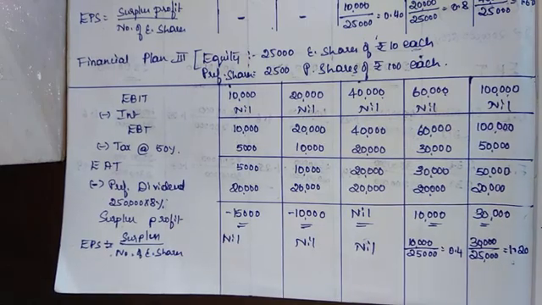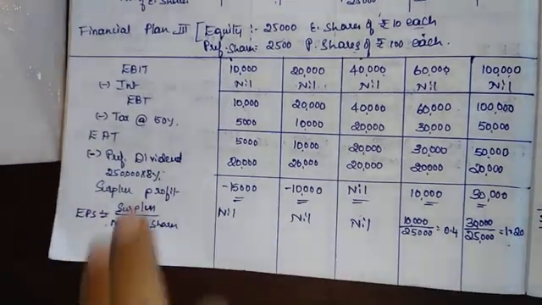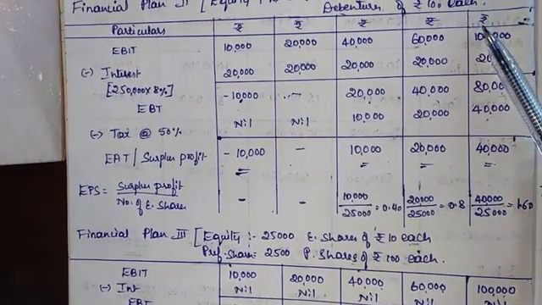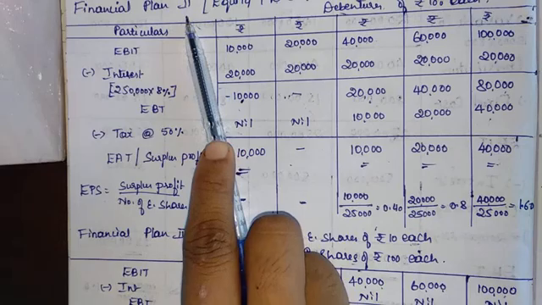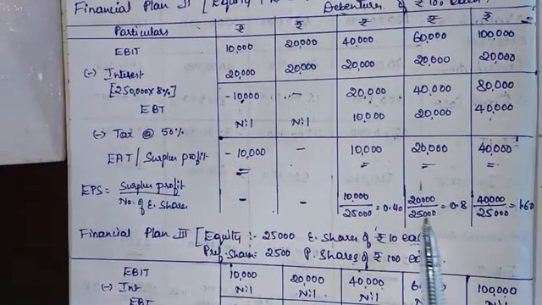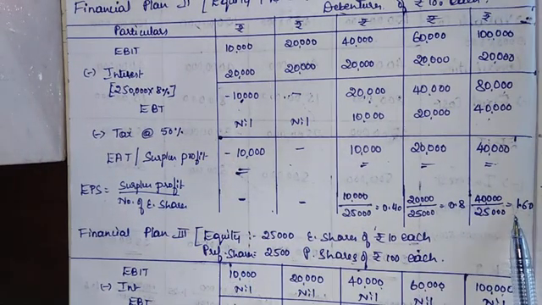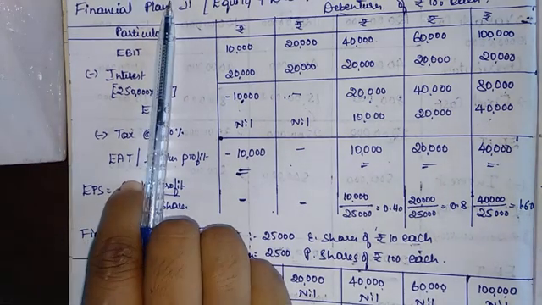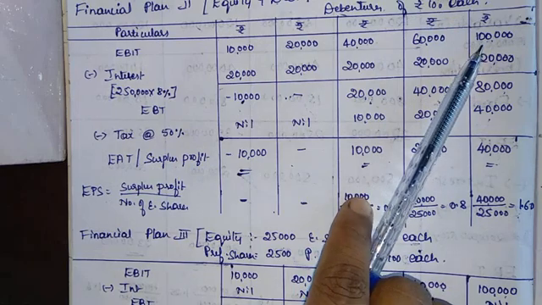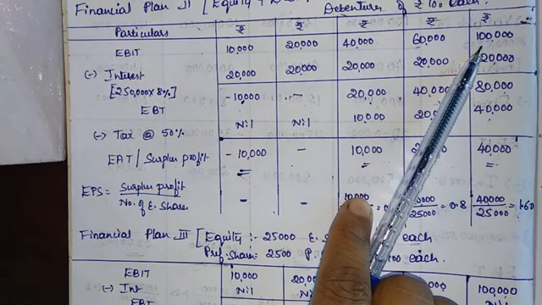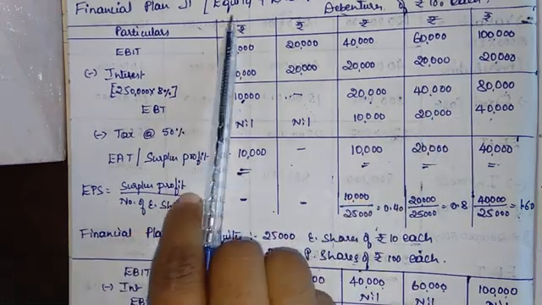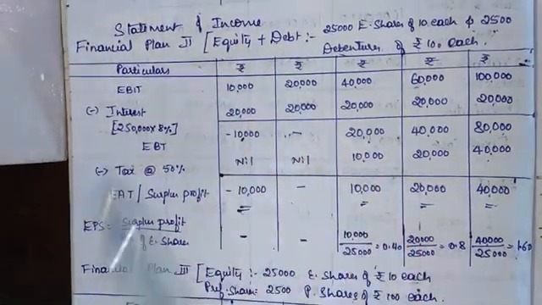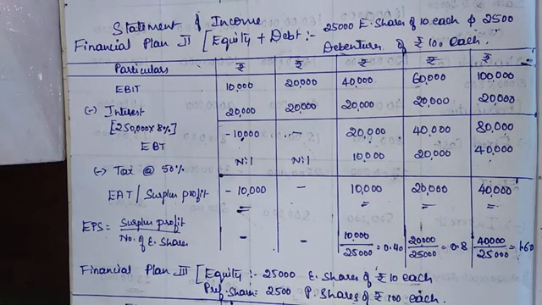So we can recommend that when EBIT is 1 lakh, it is better to go for the second plan, where EPS is maximum. So it is better to go for the second plan, which has equity and debt in its capital structure. Thank you.